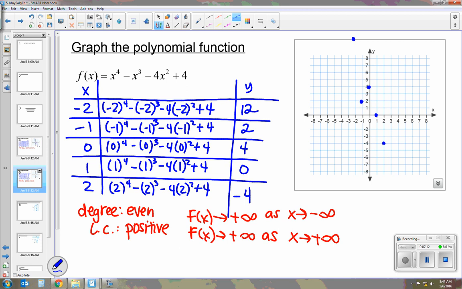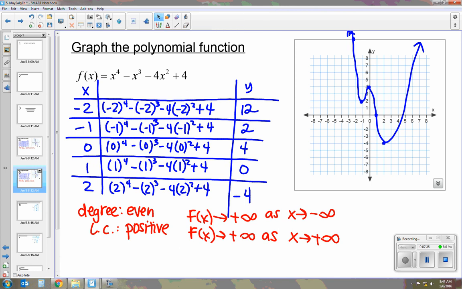This is going to be positive, going upwards. So it's going to be going that way. And then it goes up, and then curves down, and then back up again for those end behaviors because f of x is going positive for both ends.